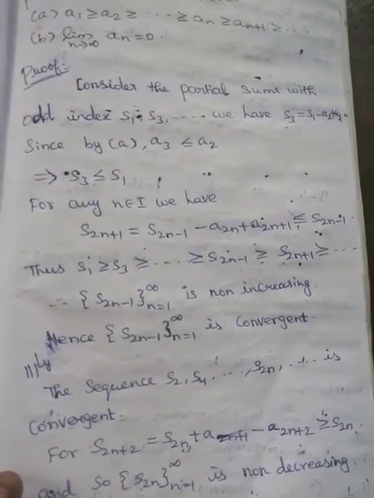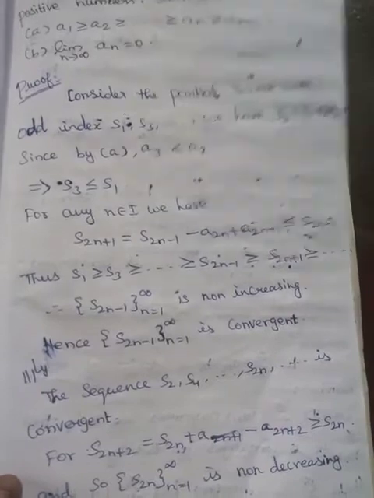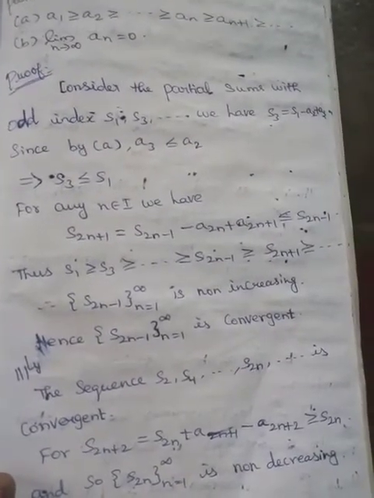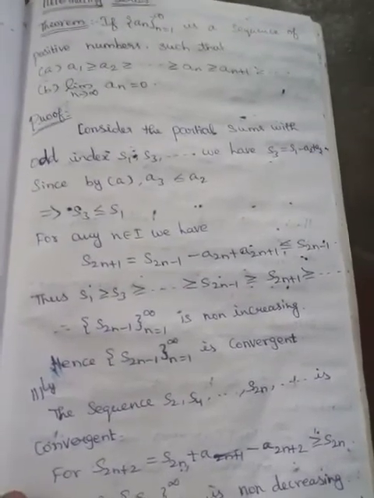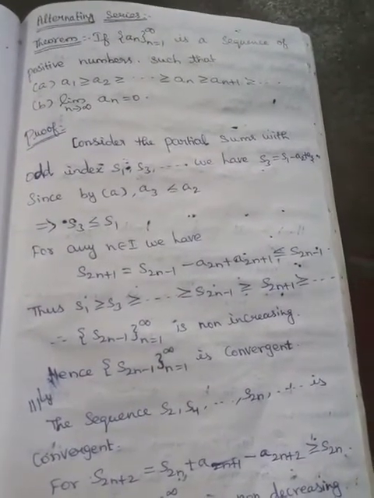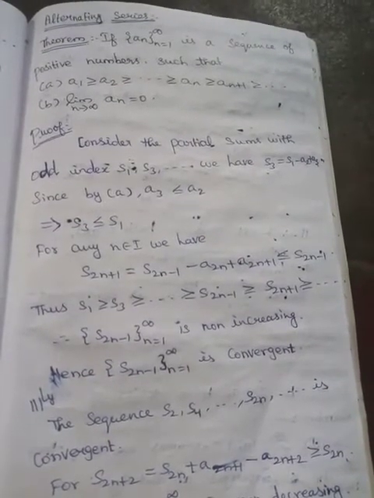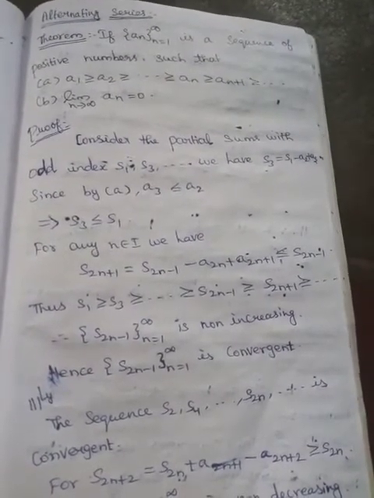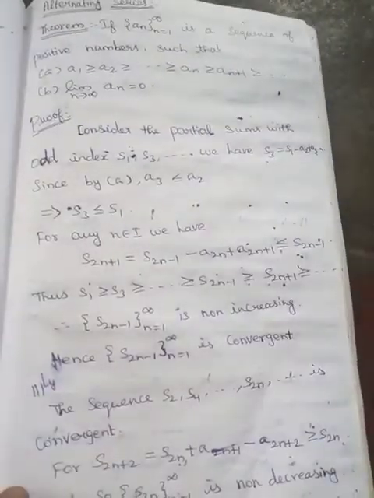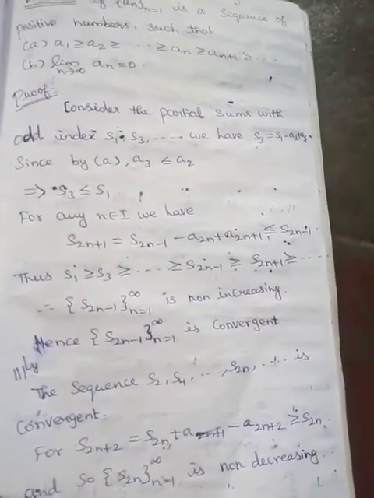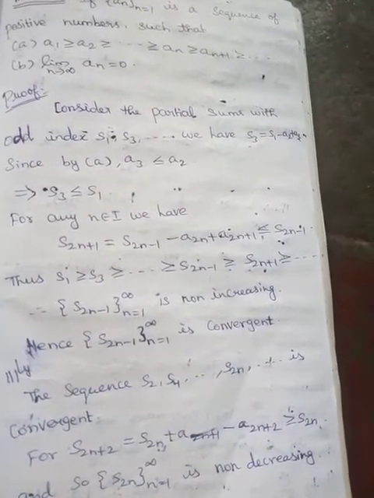Thus s1 ≥ s3 ≥ ... ≥ s2n-1 ≥ s2n+1 ≥ etc. Therefore {s2n-1}, n varies from 1 to infinity, is non-increasing.